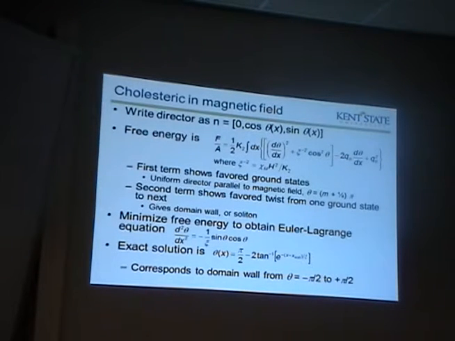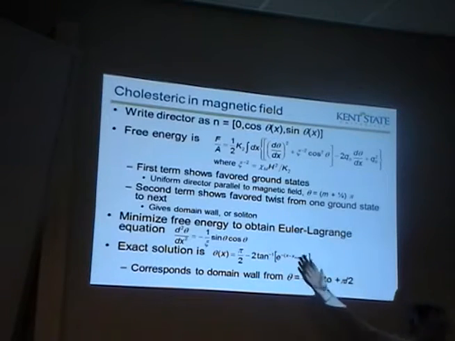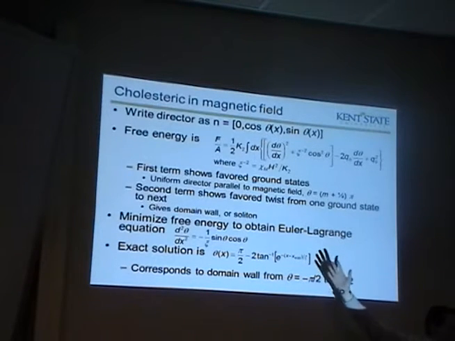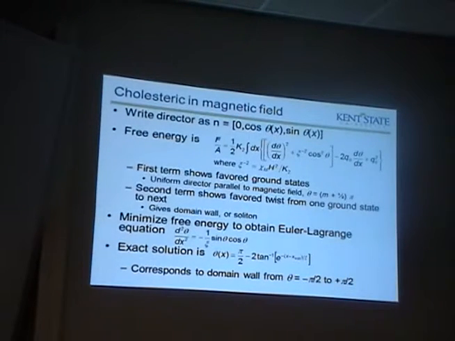And then the other thing is, if I take this profile, theta of x, I can plug it into the free energy and say, well, what is the free energy of this compared to the free energy of a state where, say, I just have theta equals pi over 2? And take that difference and integrate it across the whole width.